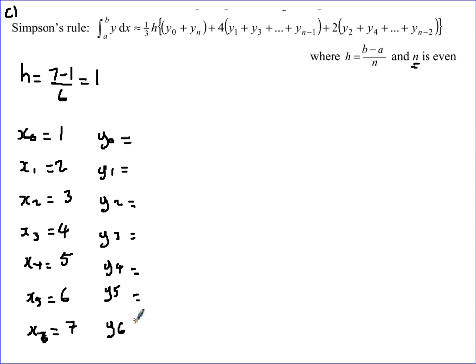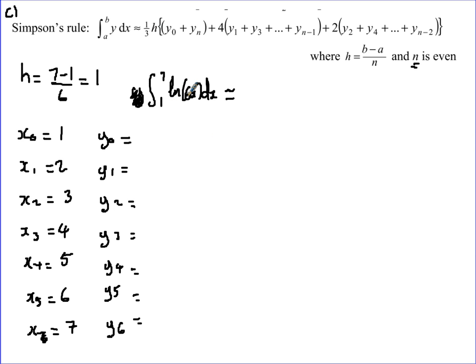So then we're subbing in the x values into our expression, our integral. So our integral here I'm now going to write down, which is the integral from 1 to 7 of ln of 6x dx, and that is going to be roughly equal to the Simpson's rule.